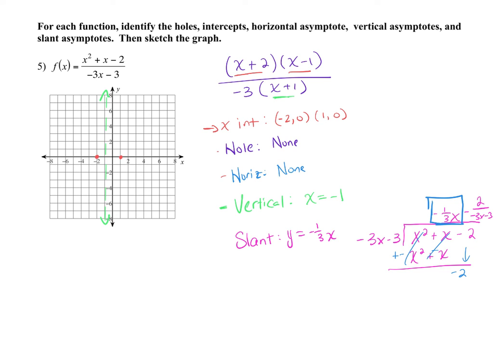Okay. The next piece is my slant. I'm going to graph this just like I would y equals mx plus b. My b is 0, so that means my y-intercept is 0. My slope is -1/3. That's down 1 over 3, okay?